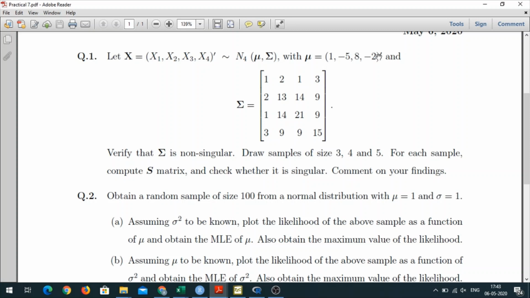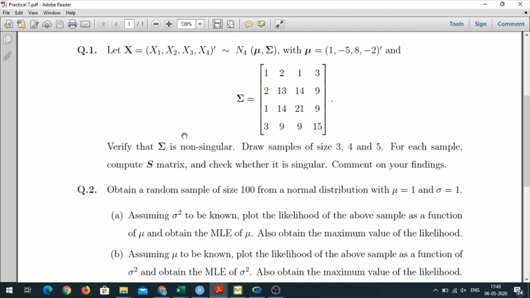Okay, so you know the mean, so around this mean just roughly take any 3 observations. If you take any 3 observations and compute sigma from four-variate normal distribution, that sigma would turn out to be singular. Sigma means sigma hat. So in fact your CSSP matrix itself would turn out to be singular. Okay, so try to verify this by doing manual calculations.